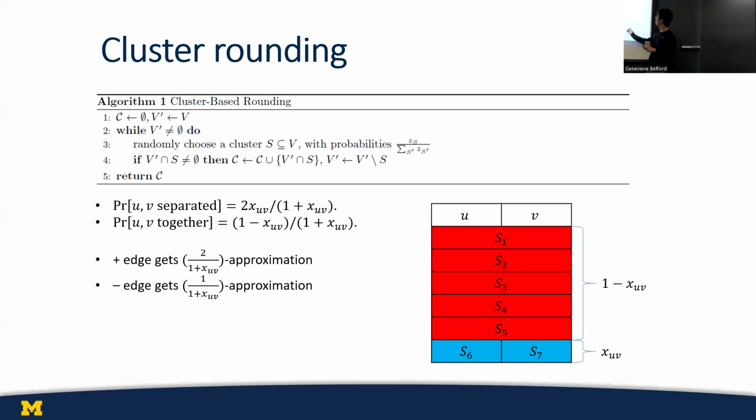One can recall that X_UV, the probability that U and V are separated, should be exactly the probability of S7 plus the probability of S6, because if S7 is a cluster, then U and V are separated, and if S4 is a cluster, then U and V are together. Any questions about this picture?